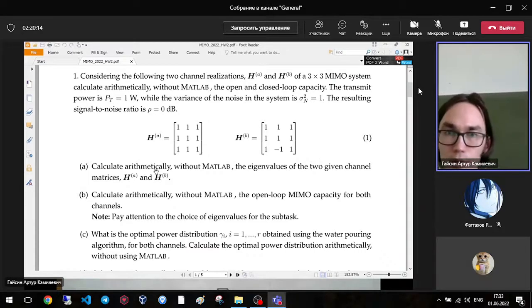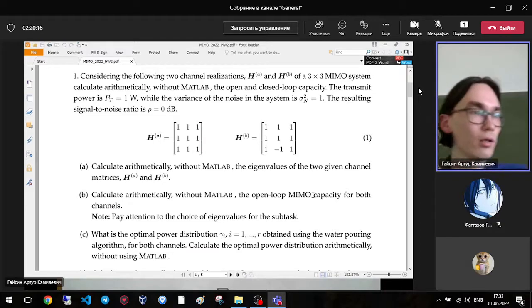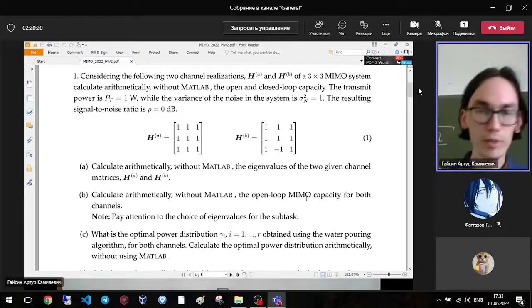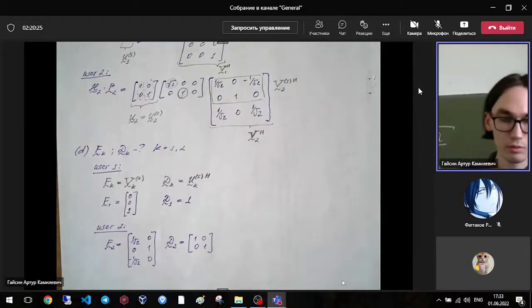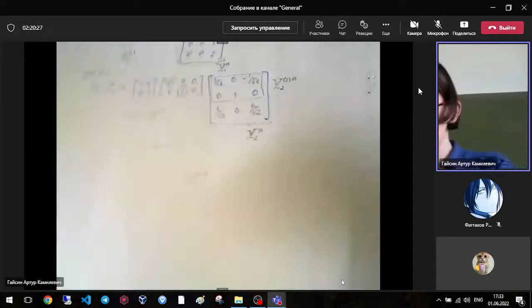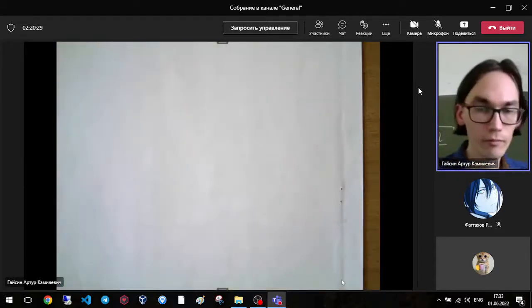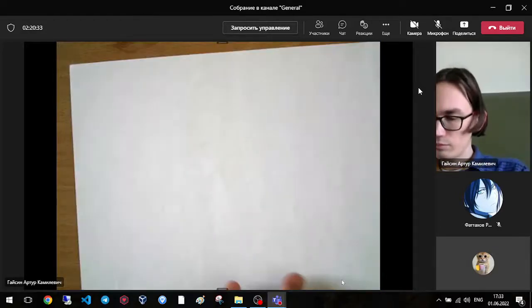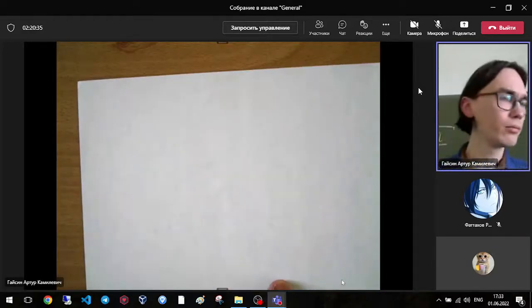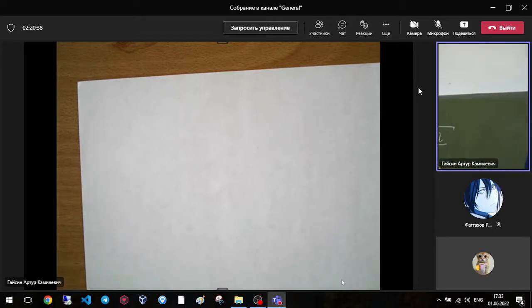So first you calculate the eigenvalues. So for eigenvalues, in task 1, we already have eigenvalues. We also calculated these eigenvalues here.